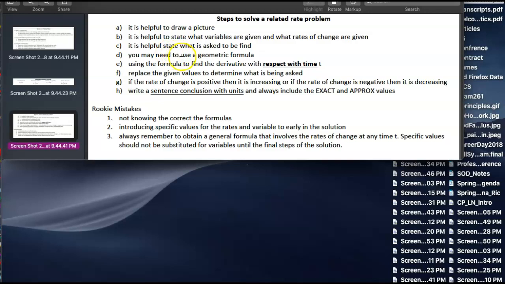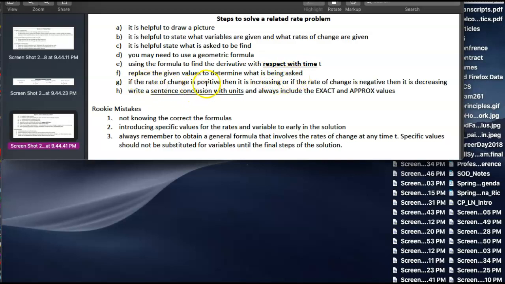Sometimes it's helpful to state what is being asked. And then from that information of your drawing, you will need to state one of those geometric formulas. Once you have your geometric formula, we're going to find the derivative with respect to time. Then we're going to replace the given values to determine what is being asked.